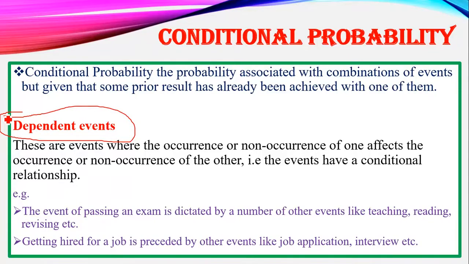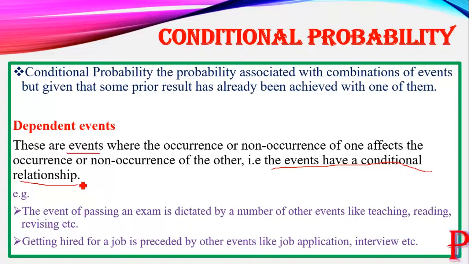So we talk of dependent events. So what are dependent events? Dependent events are those events where the occurrence or non-occurrence of one affects the occurrence or non-occurrence of the other. That is, the events have a conditional relationship.